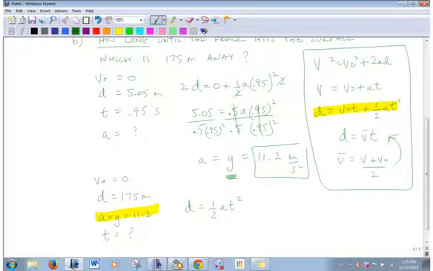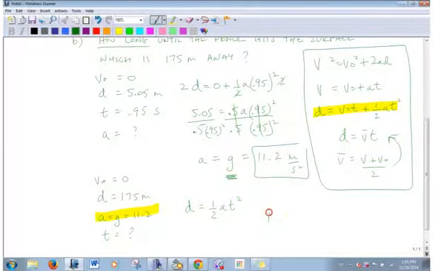Now, if the initial speed is not 0, and you have the whole formula, and you're trying to solve for time, that's called the quadratic. And some of you guys have done it, but a lot of you have not. It's possible. You can do it. All right? But in this case, I think we're okay.